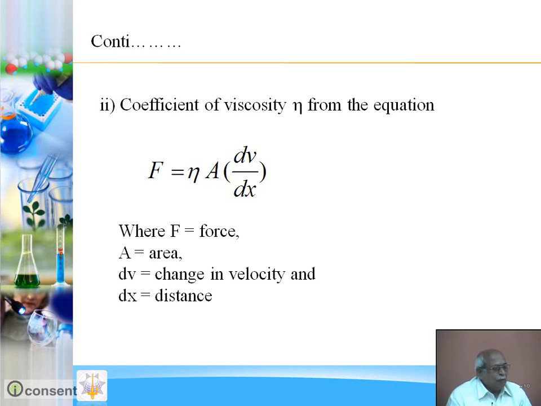In this equation, unit of force is of course Newton, unit of area is meter square, dV is change in velocity. Once again, the unit will be the same whether we say simple velocity or change in velocity: SI unit, meter per second. dx is distance, so unit is meter. So once again, you know units of all other quantities in this equation except eta, and therefore you can write down the unit of eta. Do that. I will not tell you anything more.